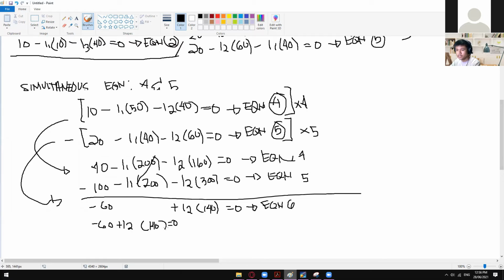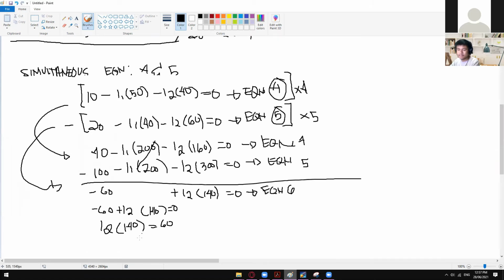Okay, so just transpose this negative to the other side. So it will give us I2 times 140 is equal to 60. Okay, and then simplify this one a little bit more by putting this on the other side. So this one will become I2 is equal to 60 divided by 140.